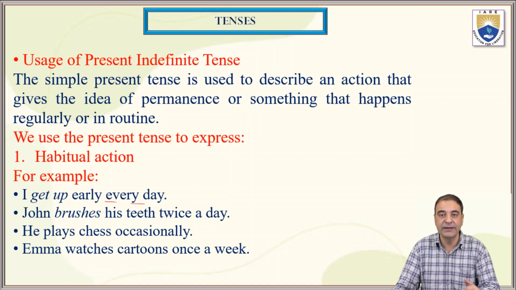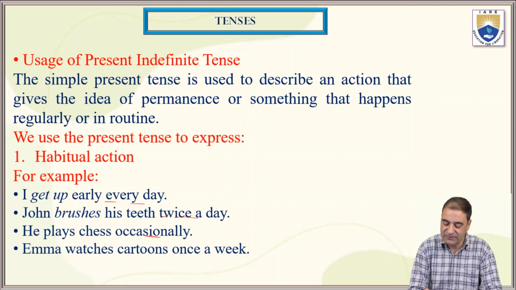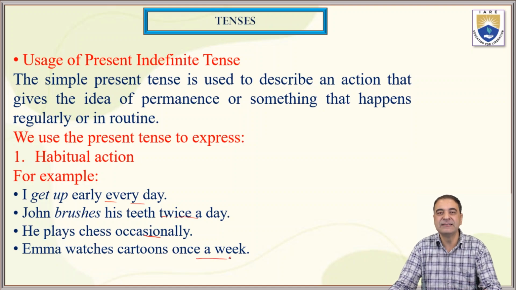And the second one, again, twice a day. It's an indicator. And the third one, he plays chess occasionally. And the next one, Emma watches cartoons once a week. In all these sentences, we have some indicators, and it's these indicators that tell us that the action is performed repeatedly.